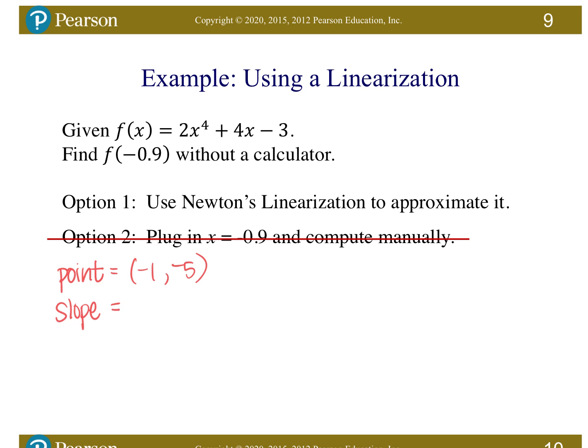All right, and then we'll use Newton's method to find the slope as well. The slope is going to be 8x cubed plus 4. I'm going to figure out my slope on that: 8 times negative 1 cubed plus 4. That's negative 8 plus 4. That's negative 2.